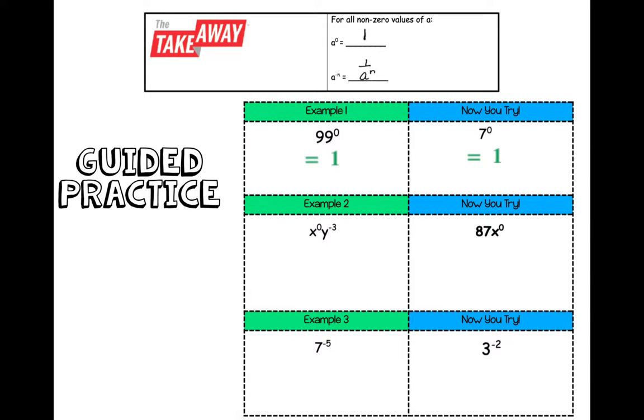All right, so now we're going to do examples 2 and 3. And I know that we're combining both of our rules, but we're going to take it step by step. Okay, the first thing that I see in example 2 is I have x raised to the 0 power. I know for sure that's going to give me 1. But now I have y raised to the negative third power. I'm going to apply my negative exponent rule, which states that I'm going to take the reciprocal of my base, and now my exponent is going to be positive.